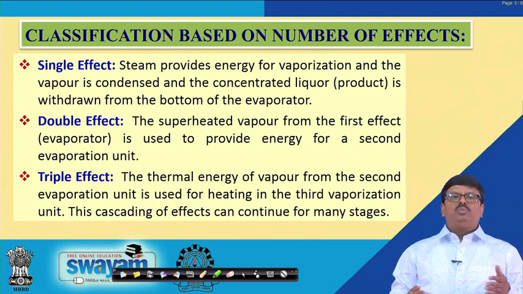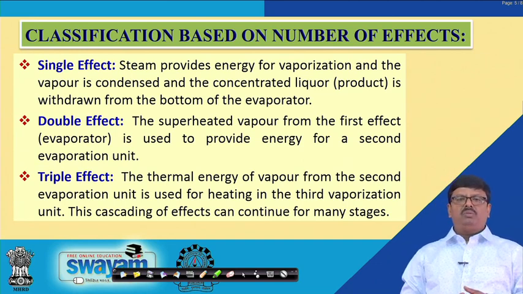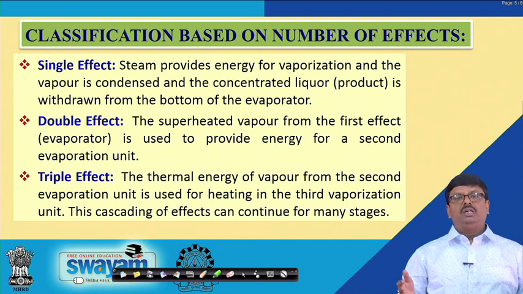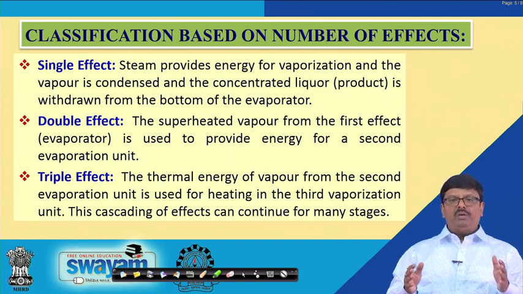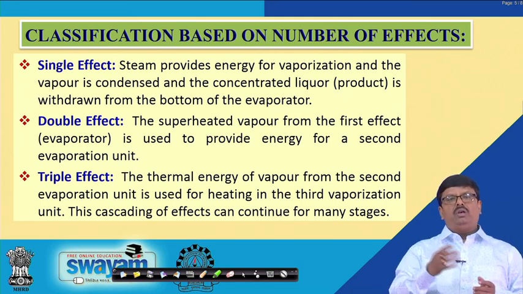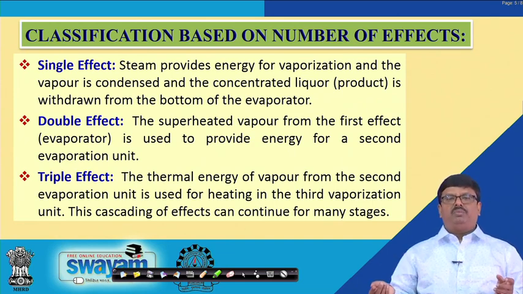And in the double effect, the superheated vapor from the first effect evaporator is used to provide energy for a second evaporation unit. Basically, as a thumb rule, a double effect evaporator consists of two different evaporation units, where the superheated vapor released from the top section of the evaporation unit is used as the source of thermal energy for the next effect.